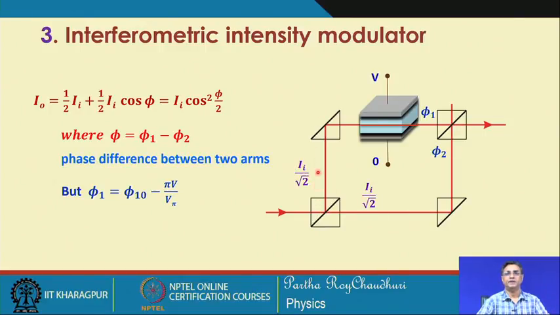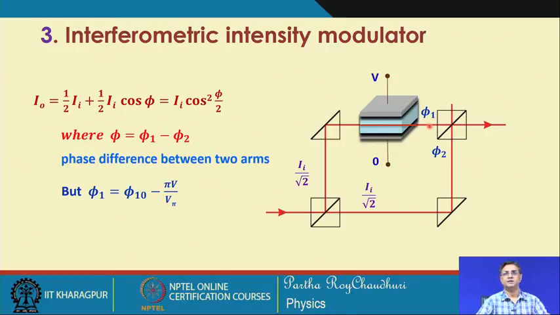If I add these two vectorially, or by phasor addition, including this cosine phi 1 and cosine phi 2, then we can get this intensity I equal to this, which is the intensity available, and phi is the phase difference between these two light beams, phi 1 and phi 2.